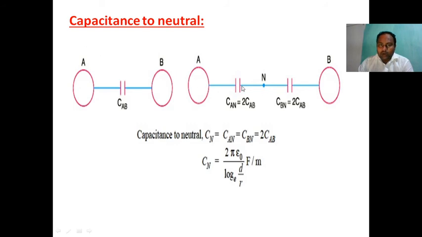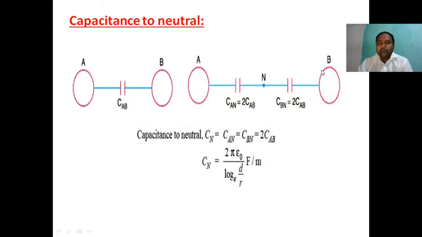So how will the capacitance be formed? Any two conductors separated by an insulating medium, definitely the capacitance will exist. So in between two conductors, with one neutral plane, two capacitances must exist. Conductor A to neutral is one capacitance.